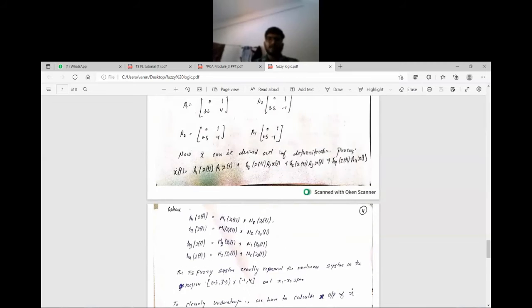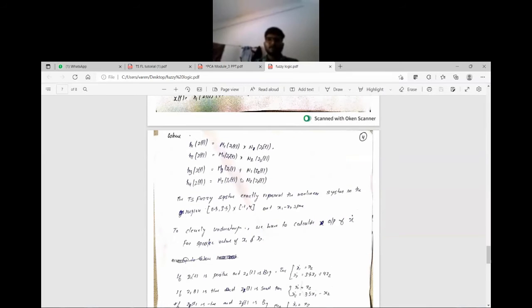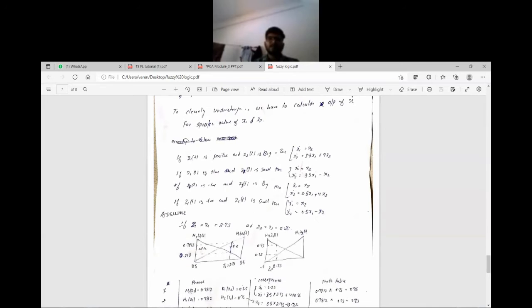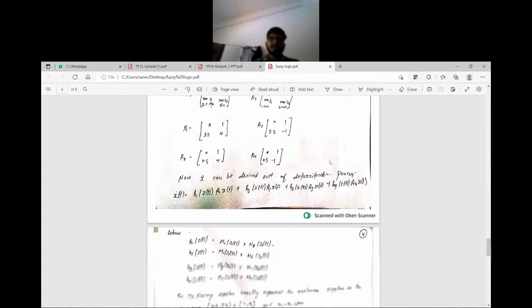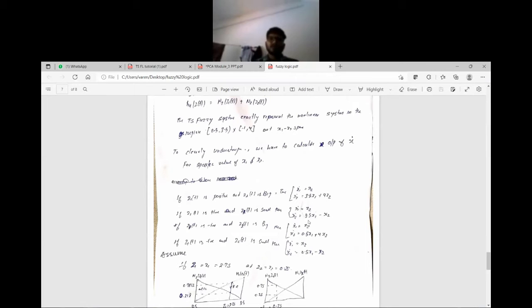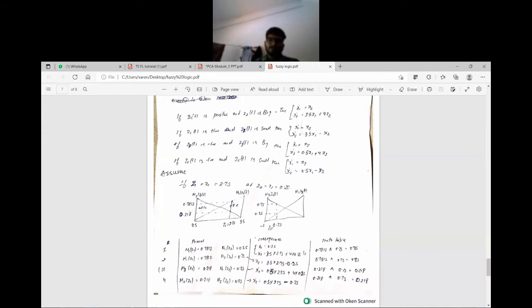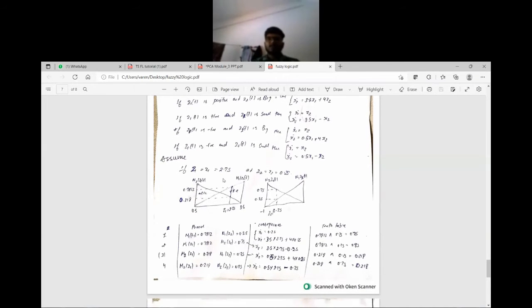And similarly we have to write z1(t) positive. We have written 4 subsystems here using this table. In this matrix we have 4 subsystems. Now we have assumed that z1 of x1 is equal to 2.75 and z2 is equal to 0.25. Now we can draw this diagram again, and we have to select the premise variable and consequences of this and the truth table for this.